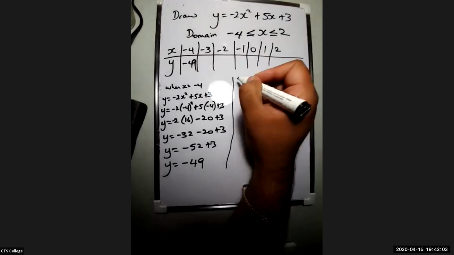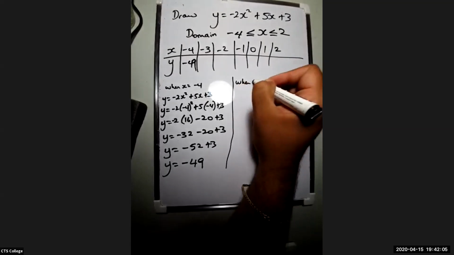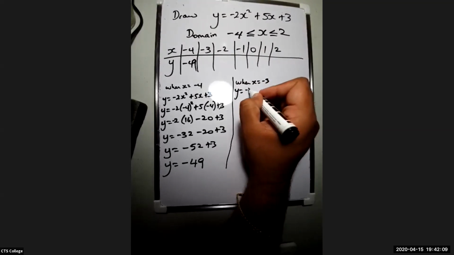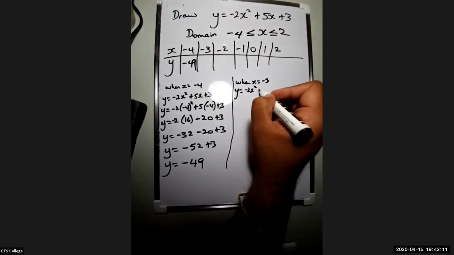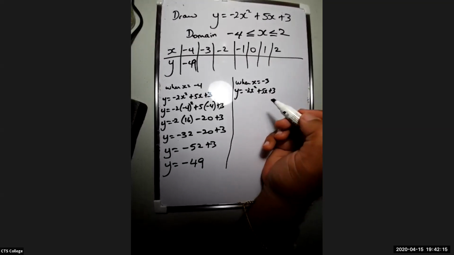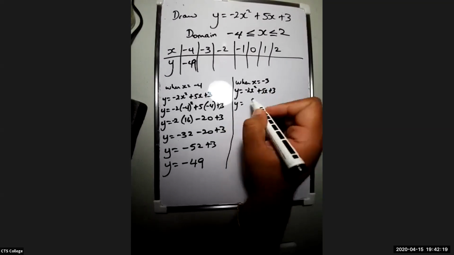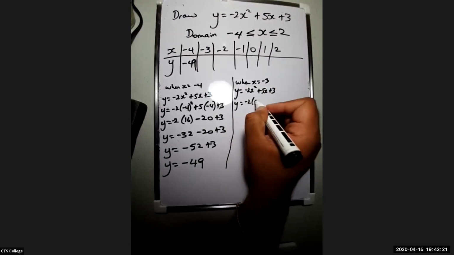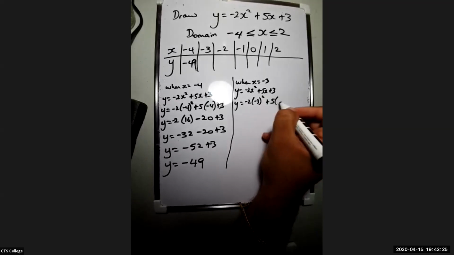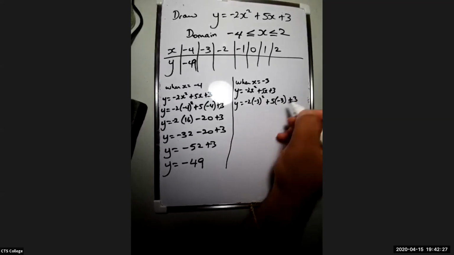Let's see the other one. When x is equal to -3, y is equal to -2x squared plus 5x plus 3. Y is equal to -2, -3 squared plus 5 into -3 plus 3.